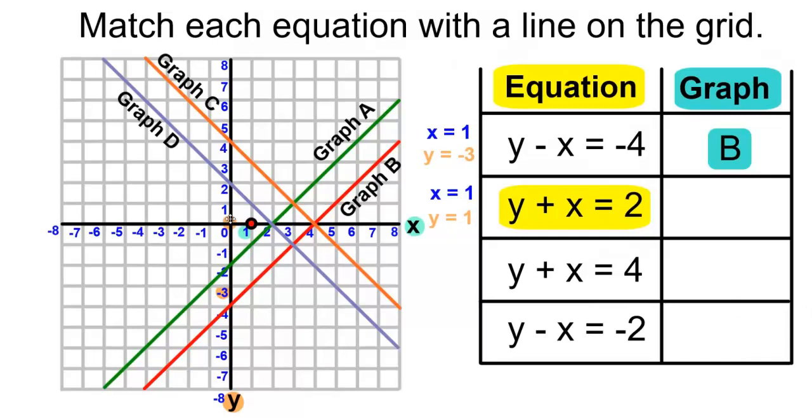Plot that on the graph. Y is equal to 1 here. And once plotted, that will lead us to this line, which is going to be graph D. Back to the next equation.